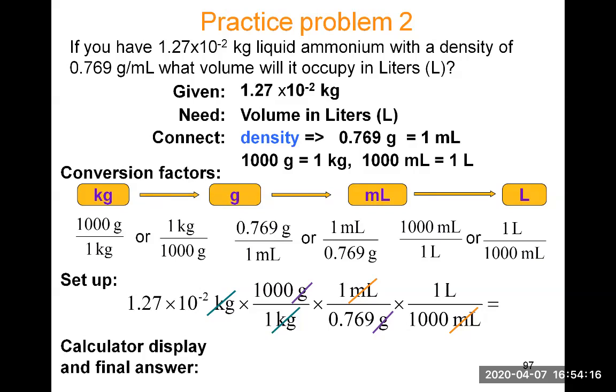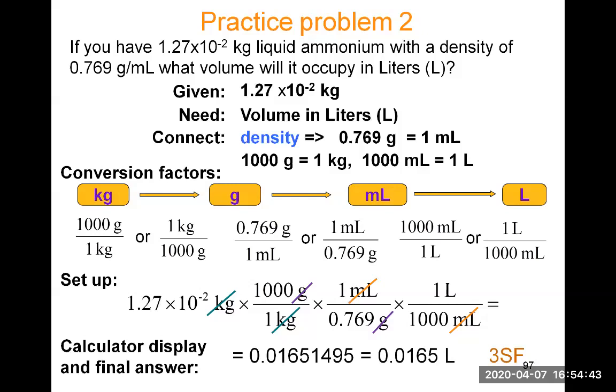You could actually omit multiplying by 1,000 and dividing by 1,000 because these will cancel each other out. And so it really comes down to doing 1.27 times 10 to the negative 2 divided by 0.769. The calculator answer is 0.01651495.